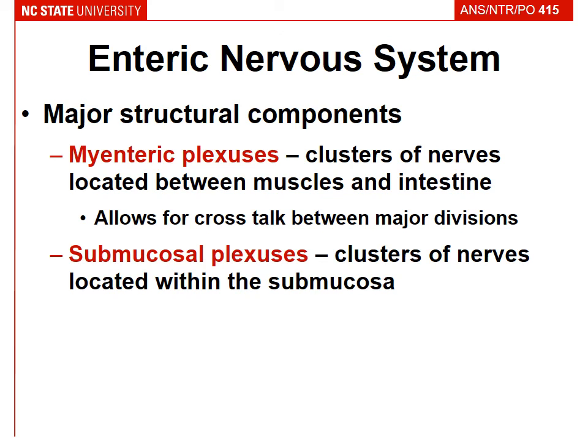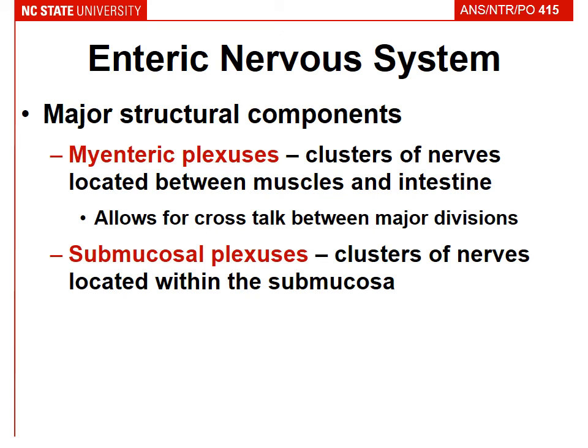So what are the structural components of this enteric nervous system? These can be split up into two different groups: the myenteric plexus and the submucosal plexus.